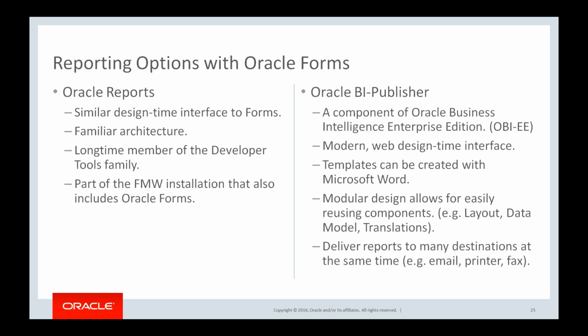The idea that you could run a report either directly or from Forms and have that resulting output be sent out in an email to the entire company, and at the same time have it also go to a printer, and maybe you want a copy of it sent to an FTP server, and maybe you want a copy to go to a content server, or whatever the case is. You could send it to multiple destinations all upon completion of creating the output. So that's a nice feature of BI Publisher.